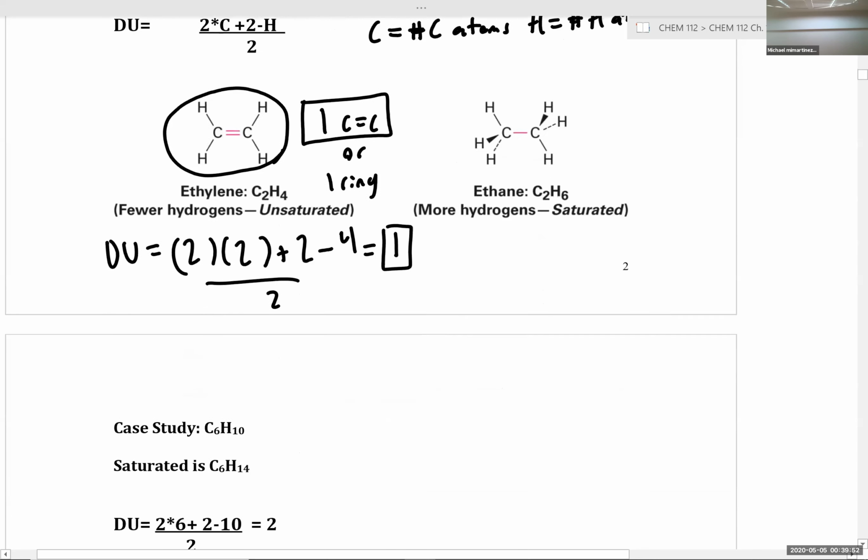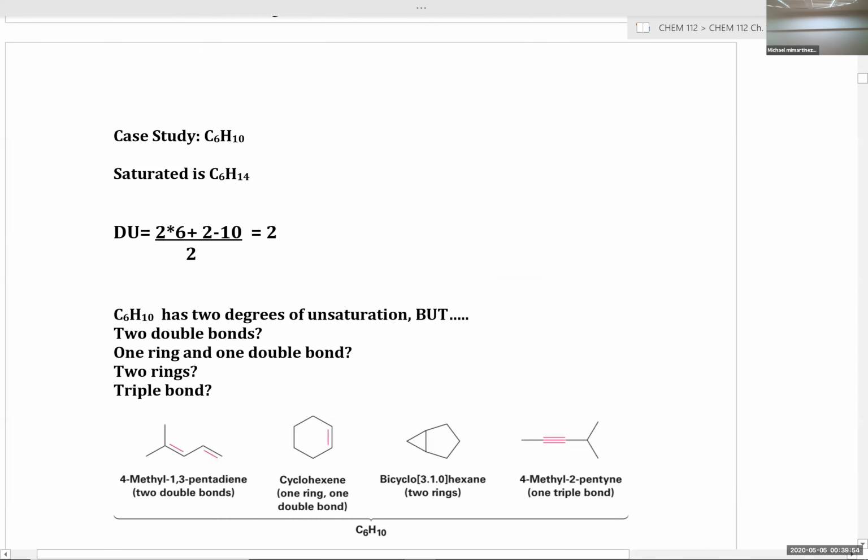Okay, so let's keep going with this idea. So let's look at C6H10. So the DU for C6H10 would be 2. So that means we can have 2 double bonds. We can have 1 triple bond.